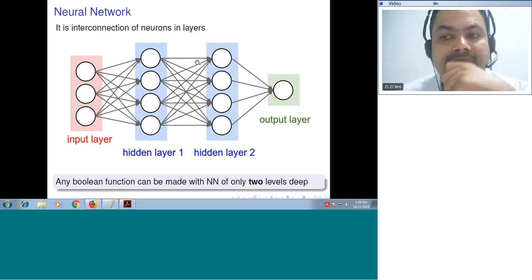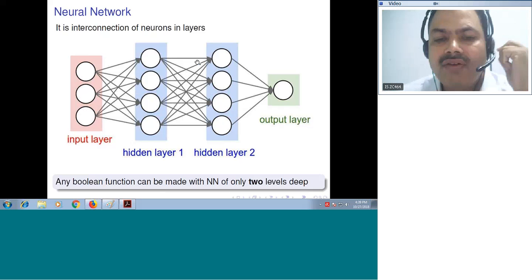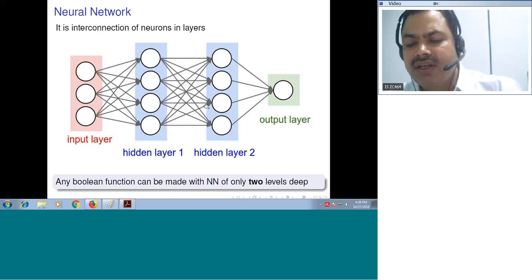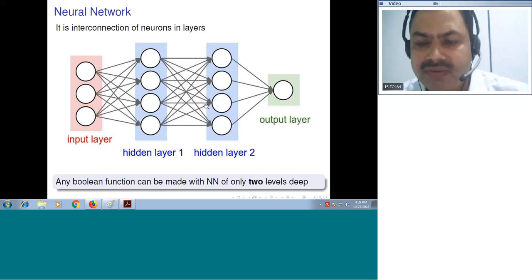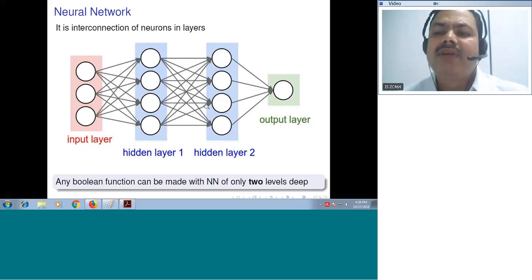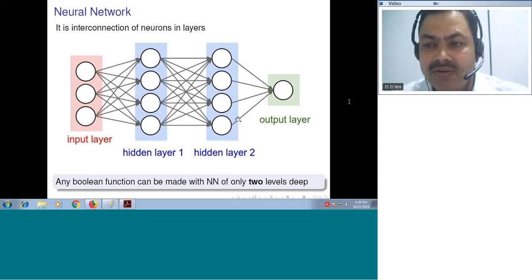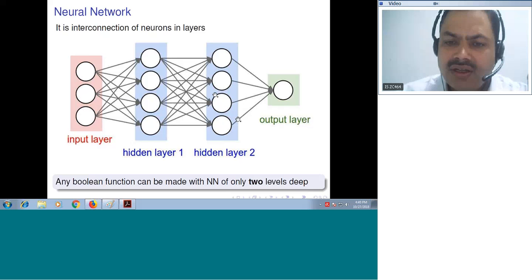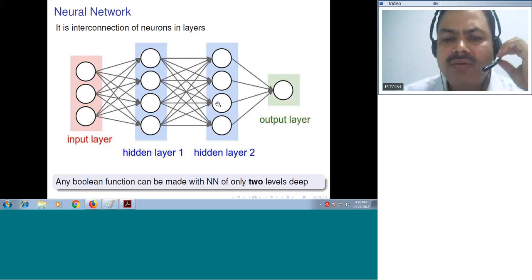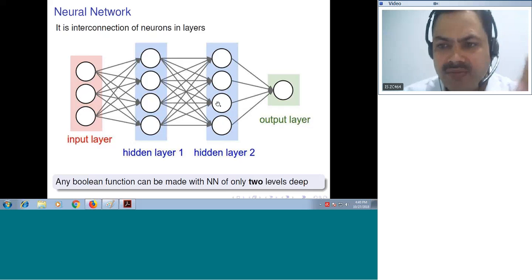Now a point comes that I don't want to discuss just now: why we are not increasing many layers over here. The reason is that training becomes very difficult, because the number of parameters increases. If you have a very large network, say 10 layers deep, then you would not be able to train it because of what is called the vanishing gradient problem.